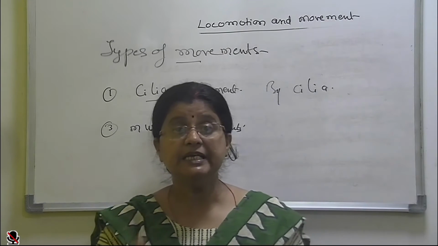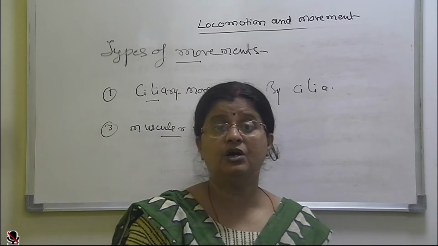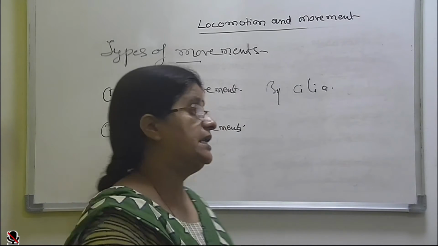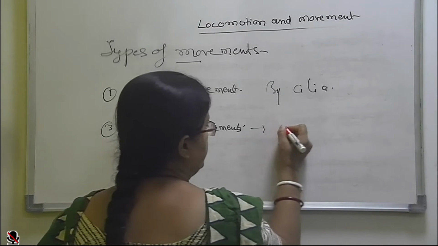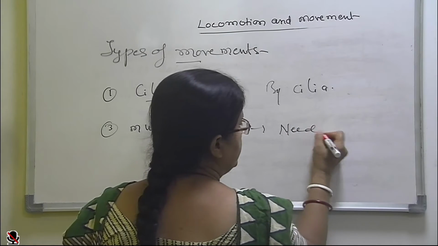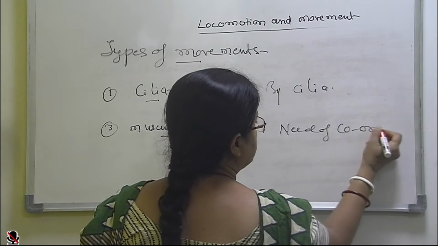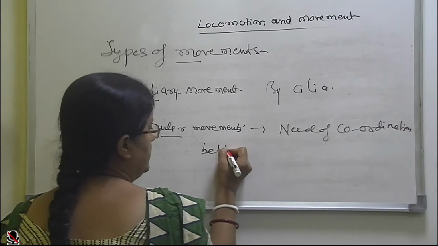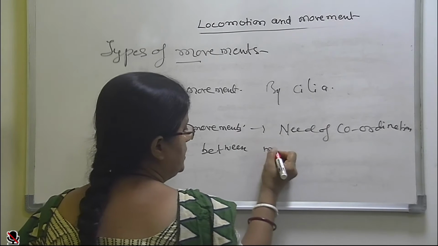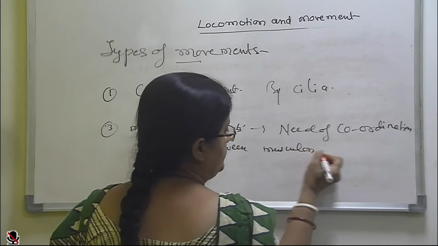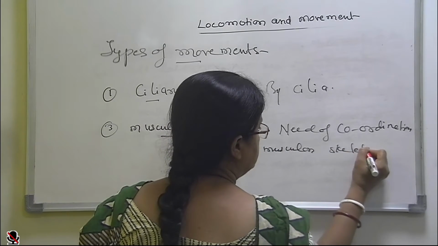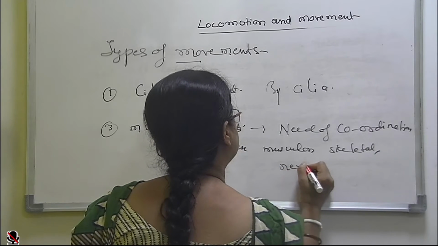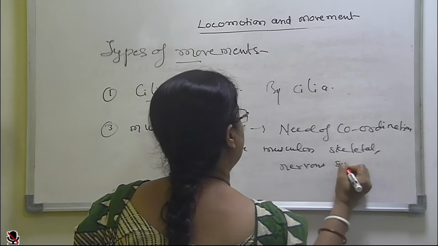So this also needs proper coordination of the muscular, skeletal and the nervous system. Remember, there is need of coordination between muscular, skeletal and nervous system. This is a very important point.